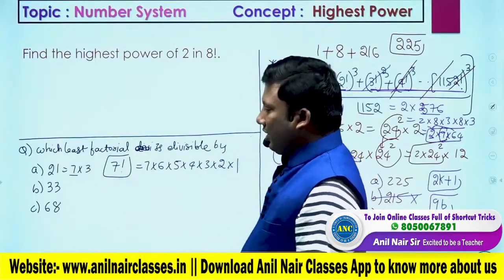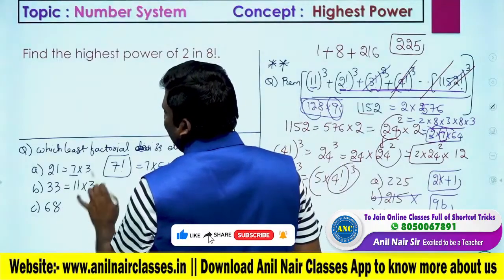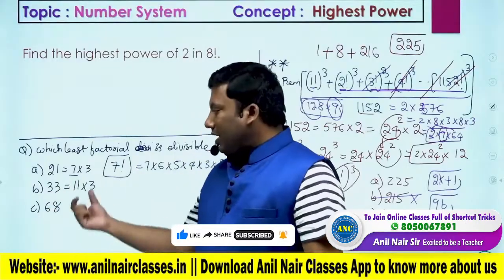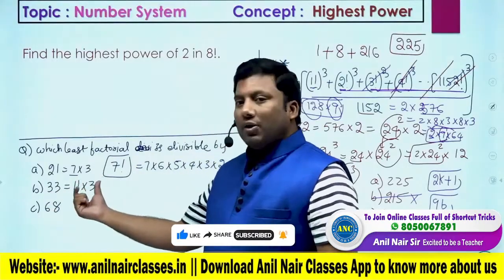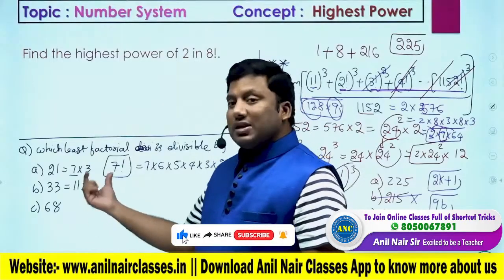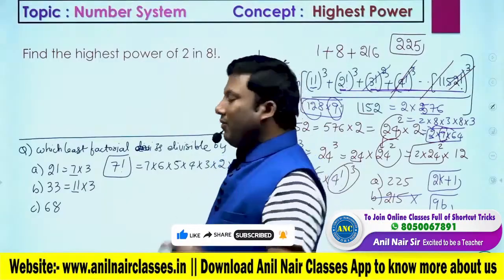33 is 11 into 3. If the given number is a composite number, write down the composite number as a product of co-prime numbers and take the highest number. Highest is 11. Which factorial will have 1 power of 11?